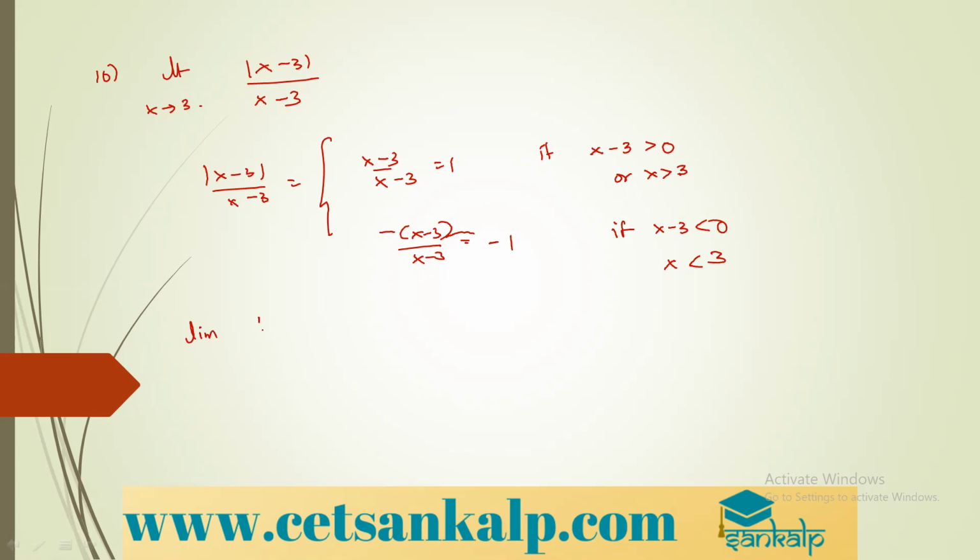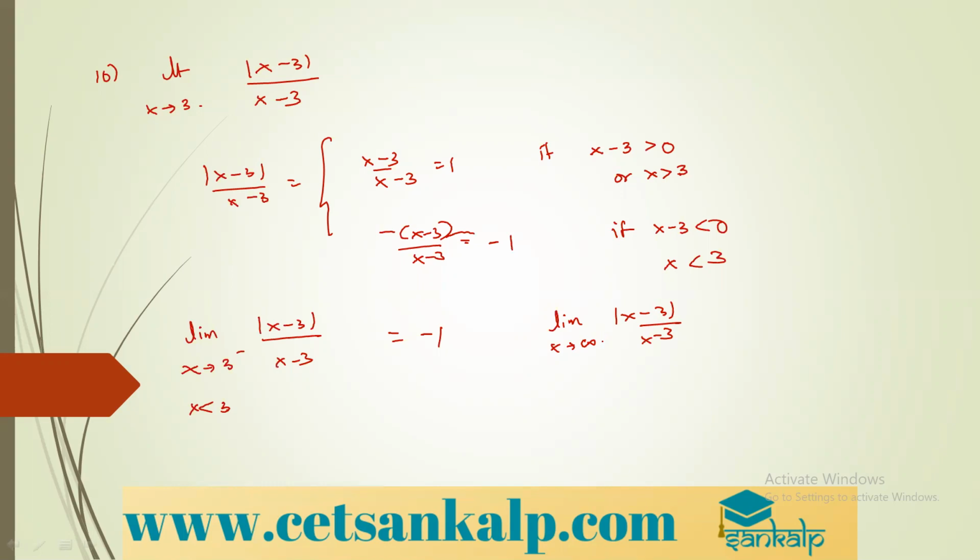So if you take the limit of mod of x minus 3 by x minus 3 as x approaches 3 minus, that is the left side of 3, x is less than 3, the limit will be minus 1.